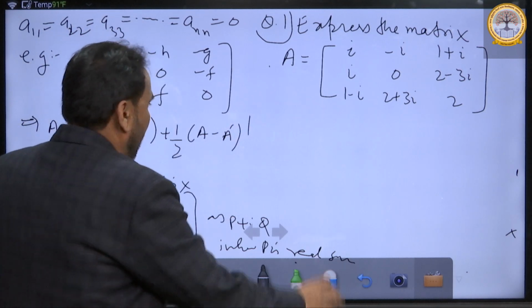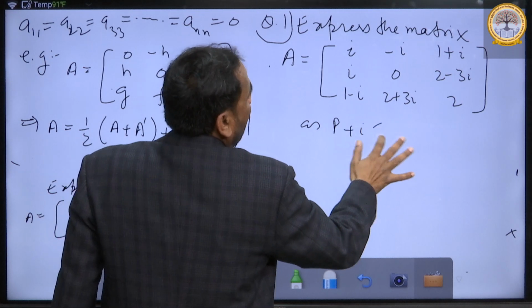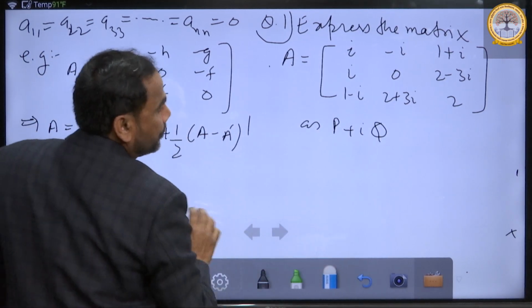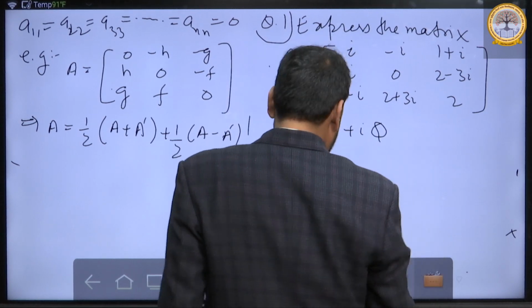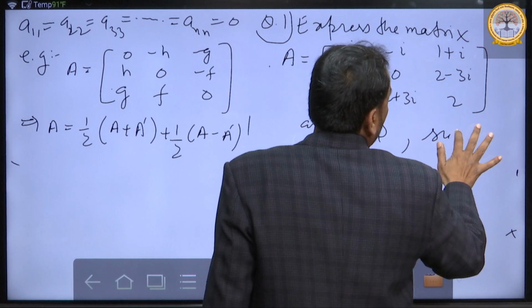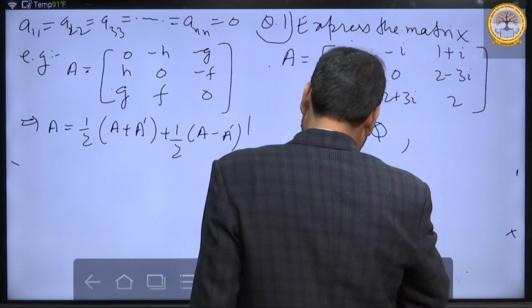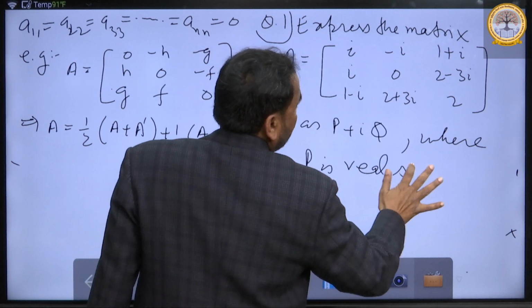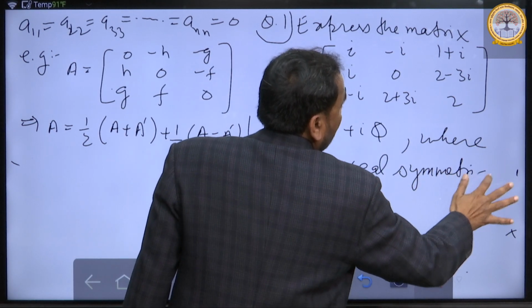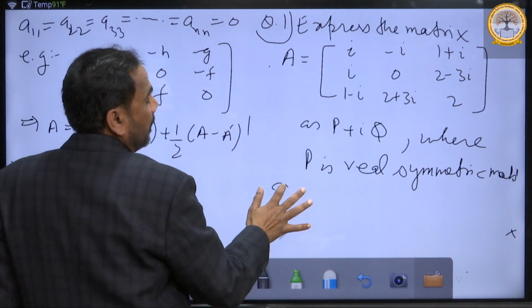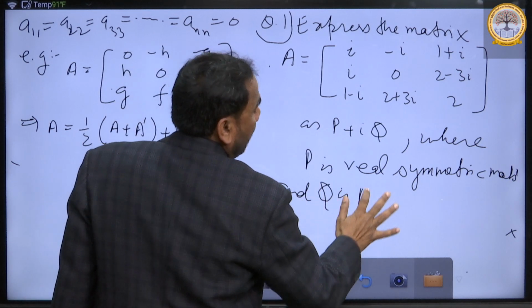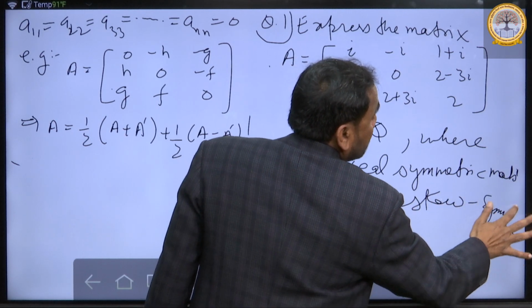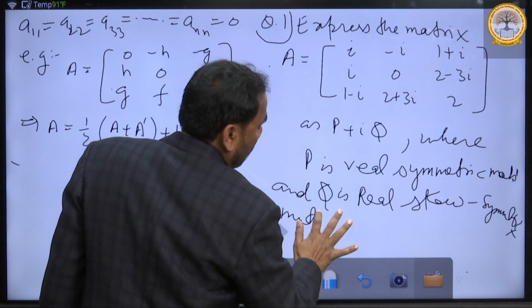Express the matrix A as P plus iQ, where P is real symmetric matrix and Q is real skew symmetric matrix. This is the question.